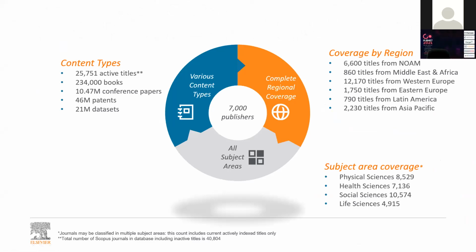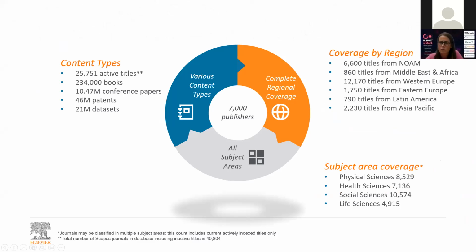So what is Scopus? Scopus is a curated abstract database where we have indexed right now 25 active titles of the journals. One comment from my side: the total number of Scopus journals in the database is a little bit higher.